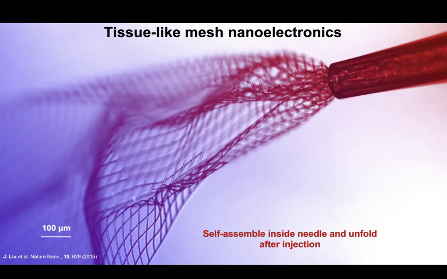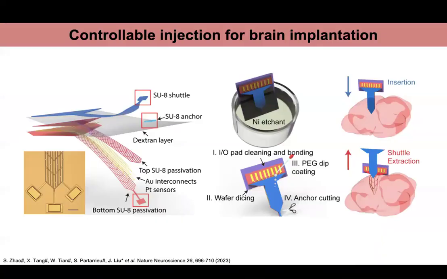You can see how flexible they are, that they can easily be injected into the biological system even through syringe injection. Over the time course of development, we have further improved the technology by using a polymer microneedle to deliver those unfolded mesh electronics across the 3D brain.